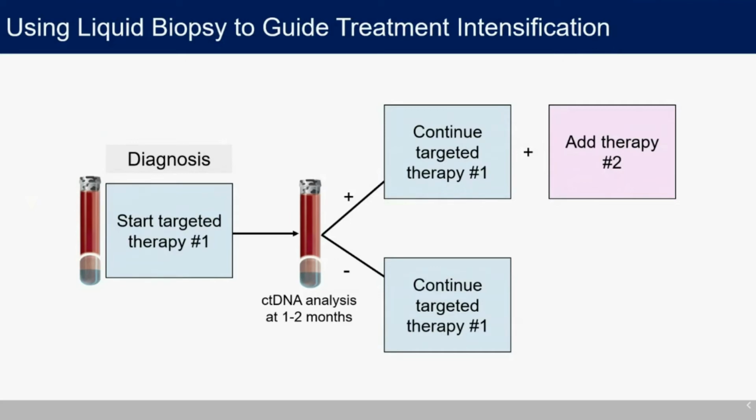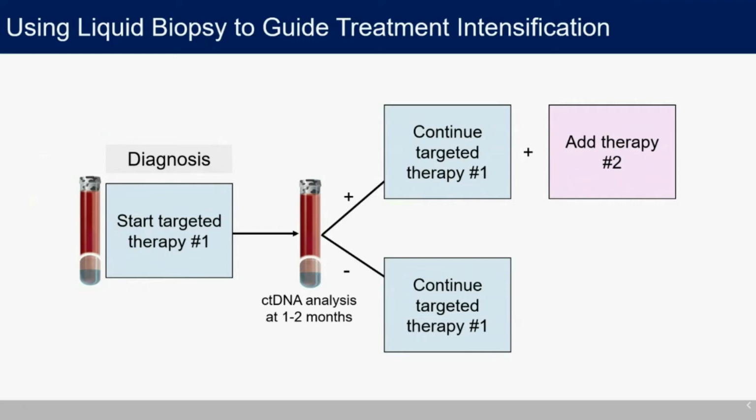And you check the plasma biopsy or liquid biopsy at baseline, and then again at 1 to 2 months on treatment, and you compare the amount of circulating tumor DNA in each. And for patients where the circulating tumor DNA was decreasing or had completely disappeared from the blood tube, or in your assay you couldn't detect it, you feel reassured, and so you continue the targeted therapy.